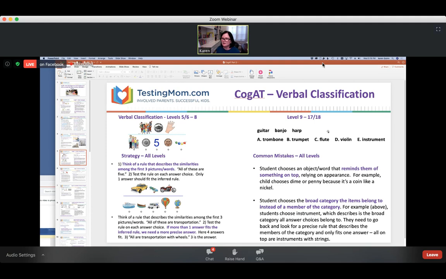A lot of times a child will look at this and go, oh, those are all instruments, and pick E. But we are looking for something on the bottom that is the same type of instrument as these.